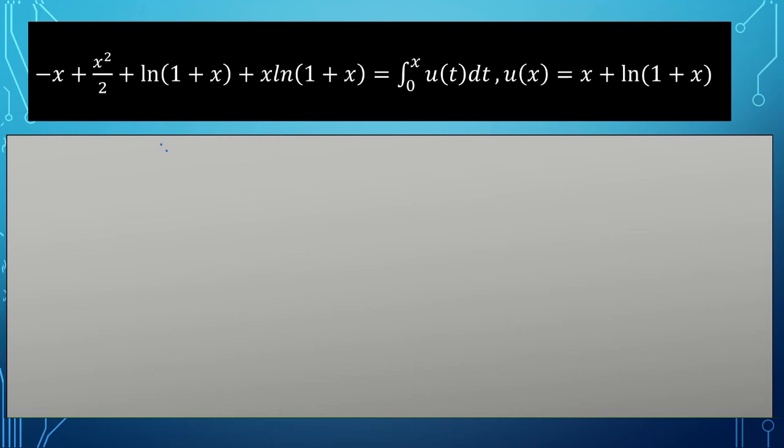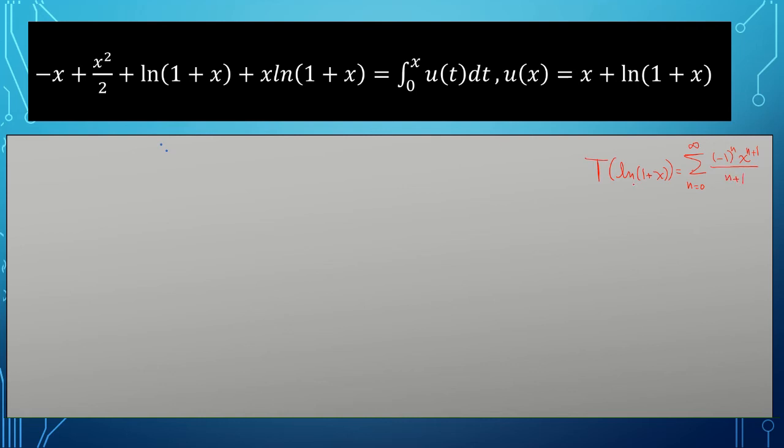Okay, what we need to know to solve it by series solution method, we have to know that ln of 1 plus x is equal to the summation n from 0 to infinity of minus 1 raised to n x raised to n plus 1 over n plus 1.